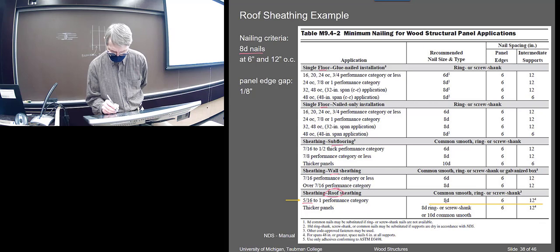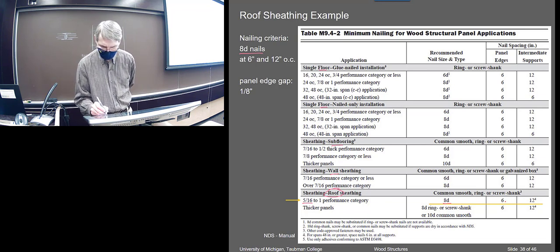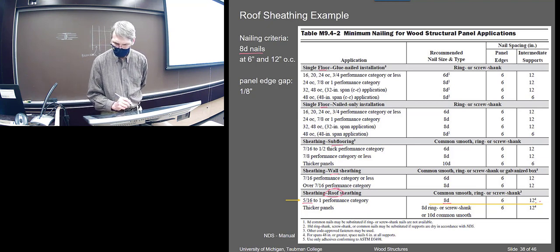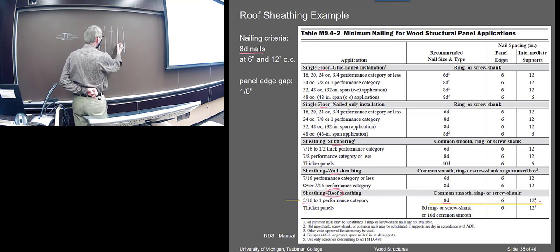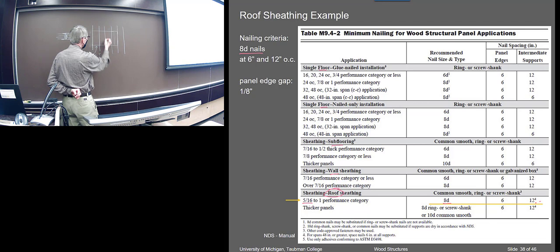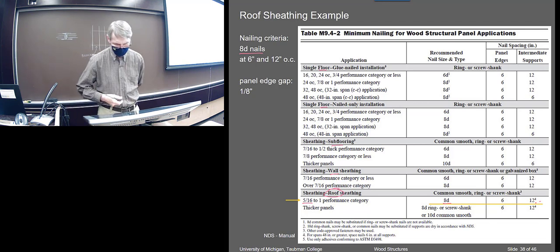Okay, if we went with that, 8 penny nails. All the panel edges are 6 inches on center, and the intermediate supports are 12. So I guess these are going to be at the 6, and these are at 12, something like that.